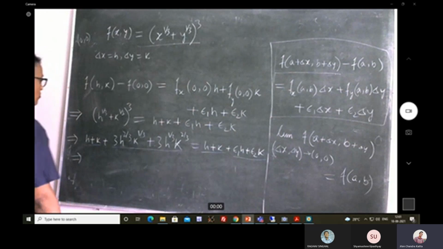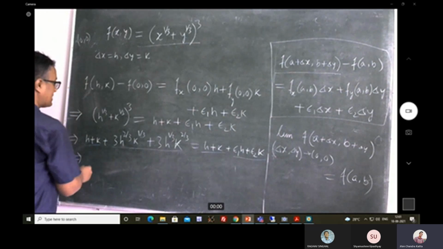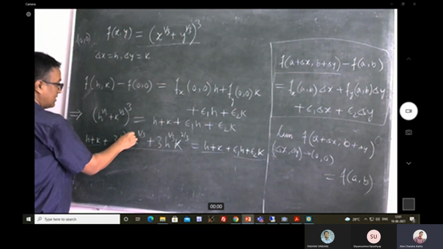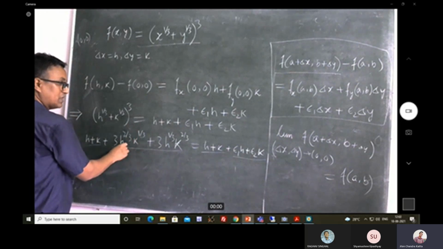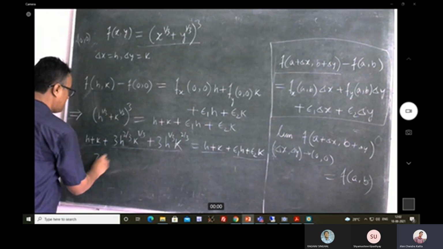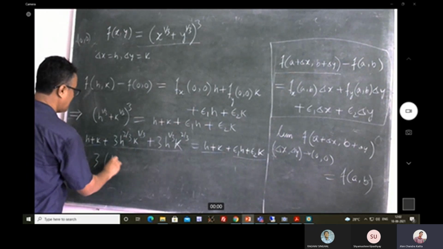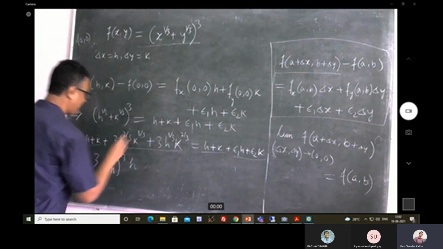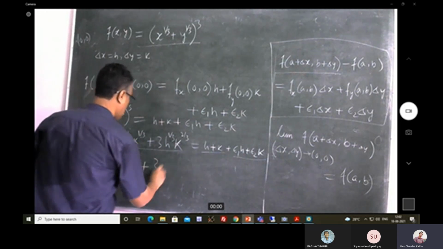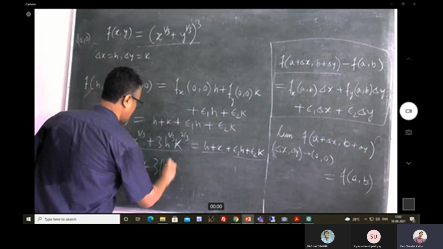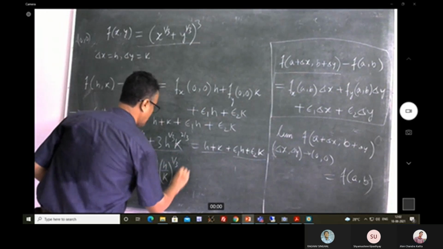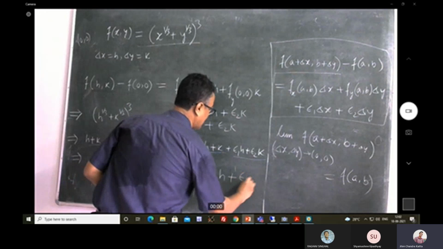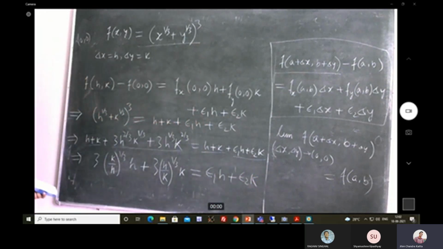If I multiply it by h to the power 1 by 3, then this is going to become simply h. Is the adjustment okay?